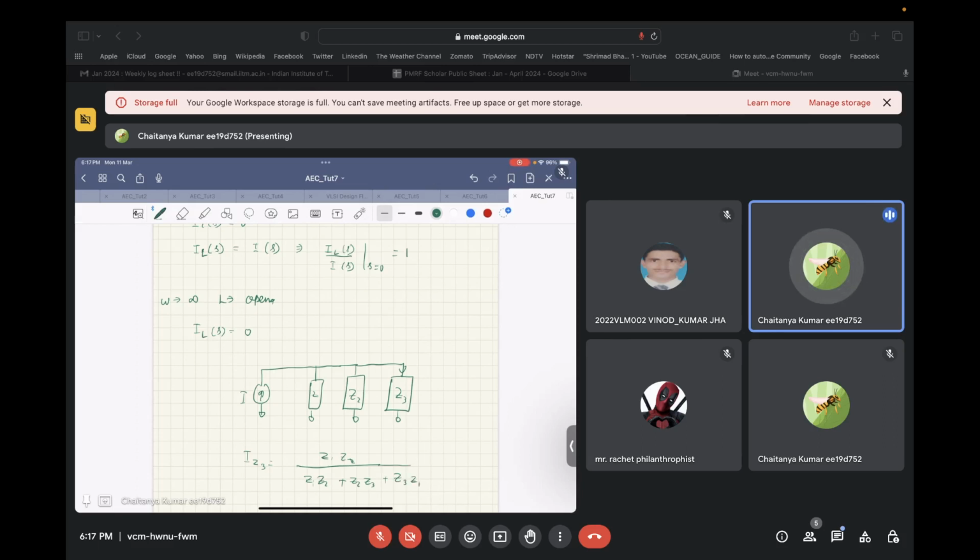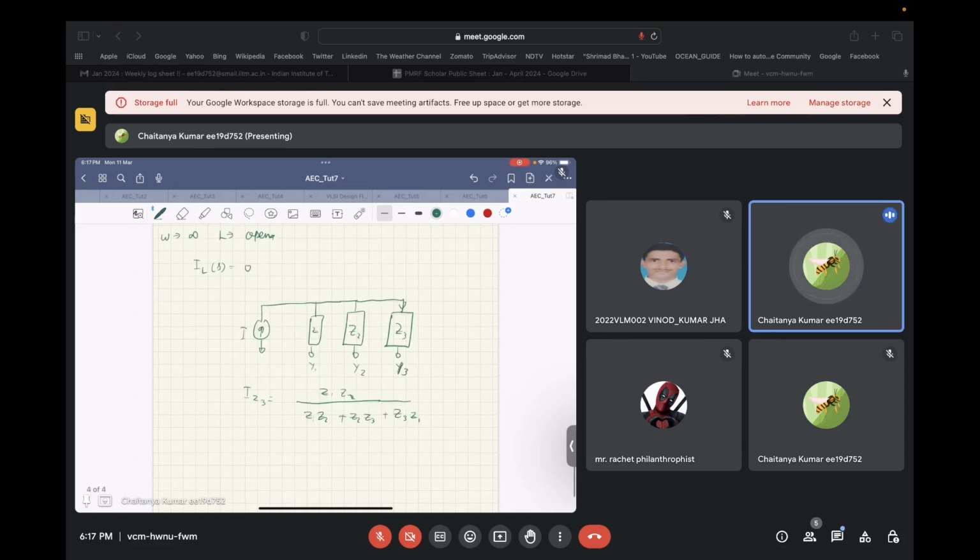Or if you want to write it in terms of admittance, let's say the admittances are Y1, Y2, Y3. In that case, I of Z3 is equal to Y3 divided by Y3 plus Y2 plus Y1.